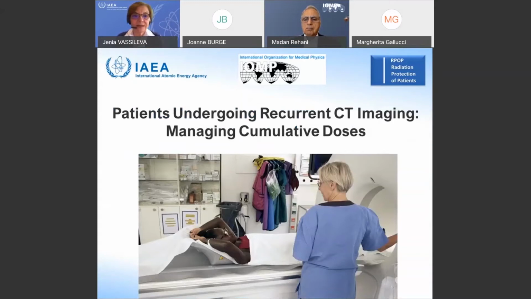The webinar today, as I mentioned, is organized jointly with the IOMP, and it's on a current hot topic in radiation protection of patients related to recurrent computed tomography imaging, managing cumulative doses and strategies to improve radiation protection of patients undergoing recurrent imaging procedures.